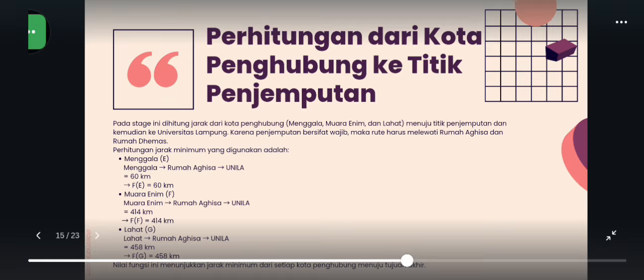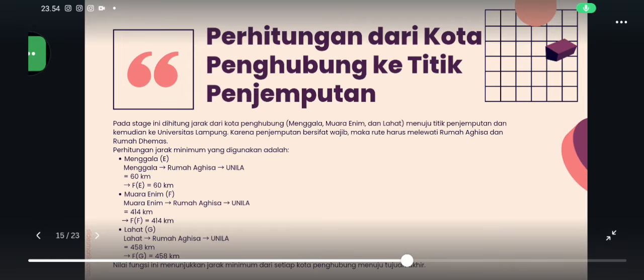The calculation is as follows: Aghisa's house to the University of Lampung is 60 kilometers, and this value indicates that the minimum distance from the pickup points to the final destination has been determined and is ready to be used for the next stage of calculation.